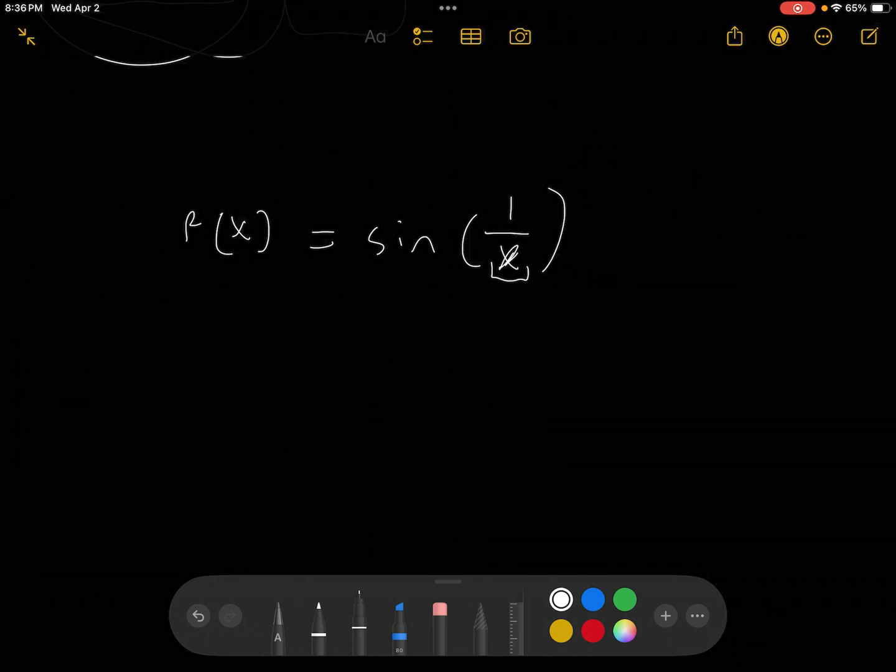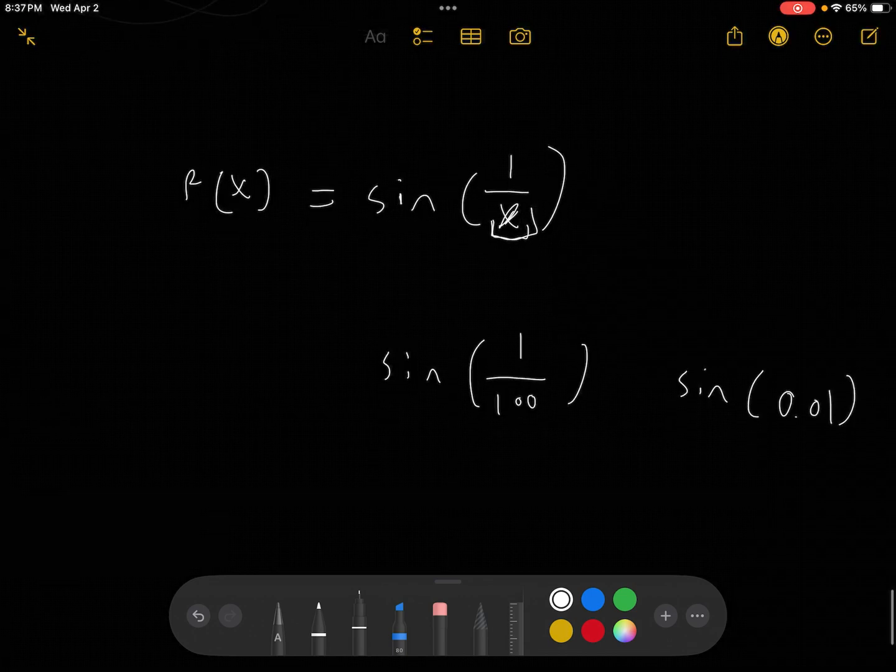So basically the way that this function works is for really, really big values, this function changes really slowly. So if we were to evaluate this function at 100, it would be sine of 1 over 100, or sine of 0.01.